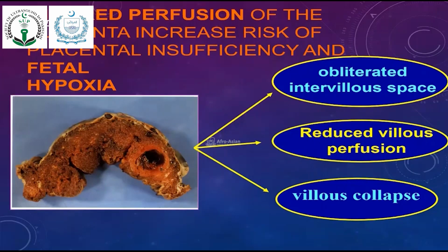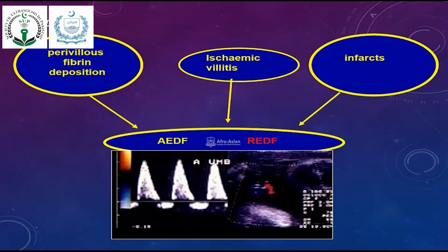So when there is impaired perfusion of the placenta, increased risk of placental insufficiency and fetal hypoxia is seen. We can have obliterated intervillous space. There will be reduced villus perfusion and villus collapse will result.